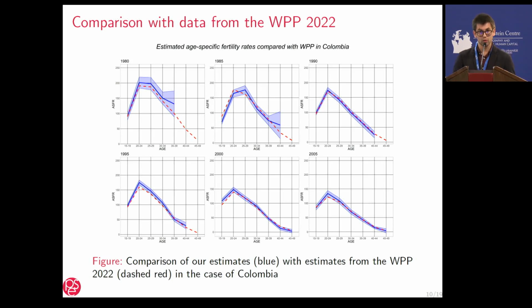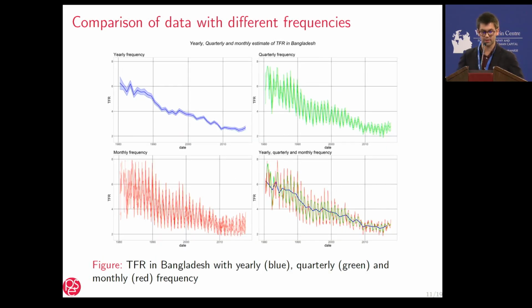Then I'm going to show you what the frequency is capable of bringing, with data from Bangladesh. Here we have total fertility rate measured at a yearly frequency, so it's quite smooth. With quarterly frequency, we have this huge seasonal pattern that is super interesting, because here you can see that the variation is very important, and here it's less important.